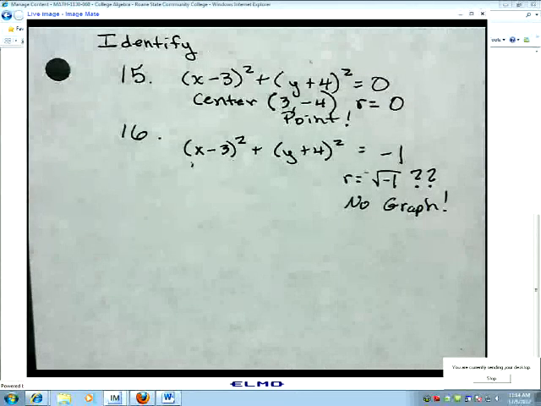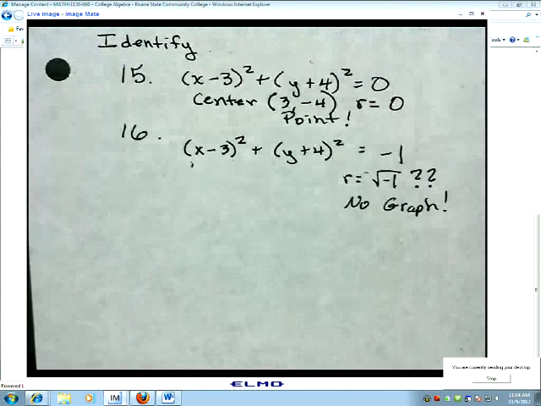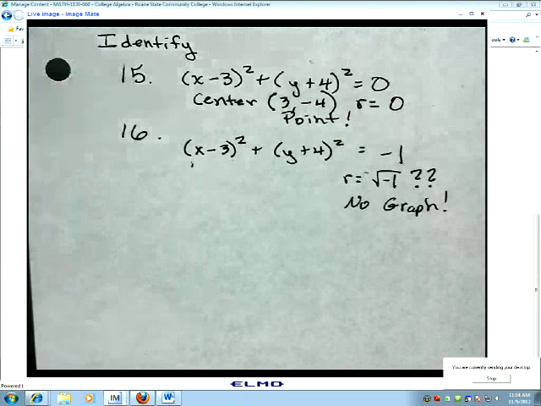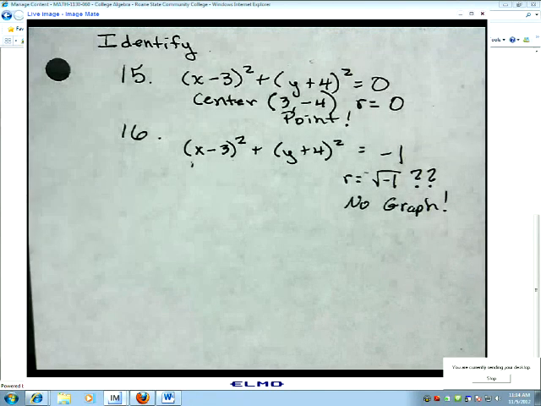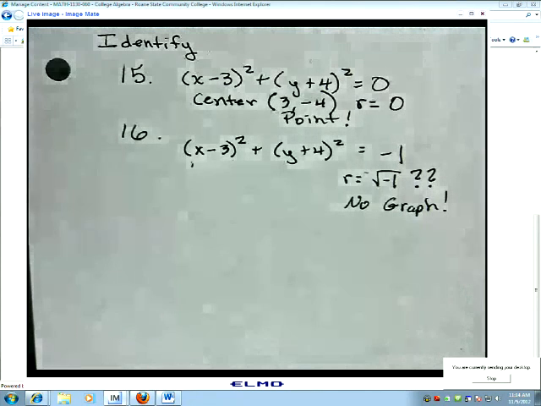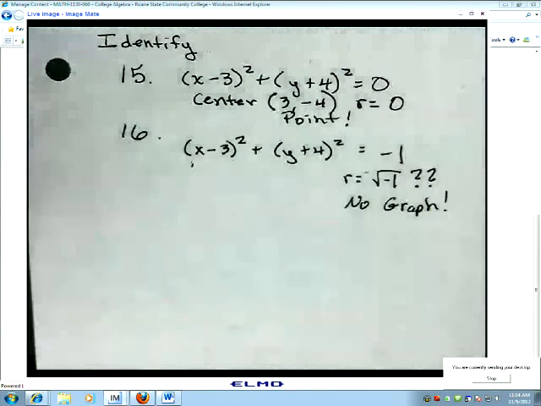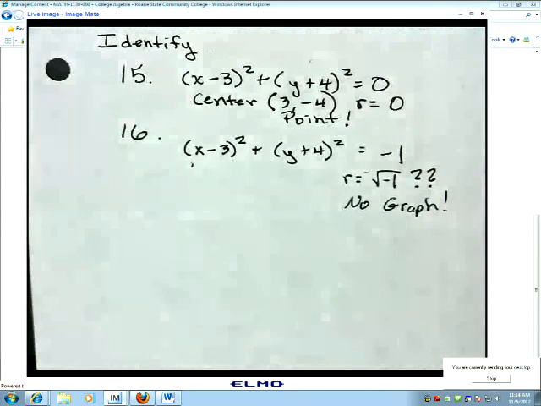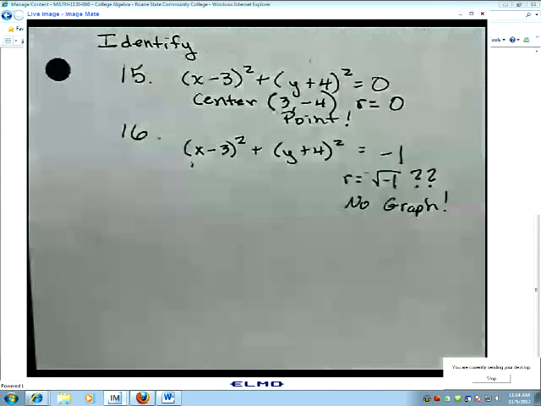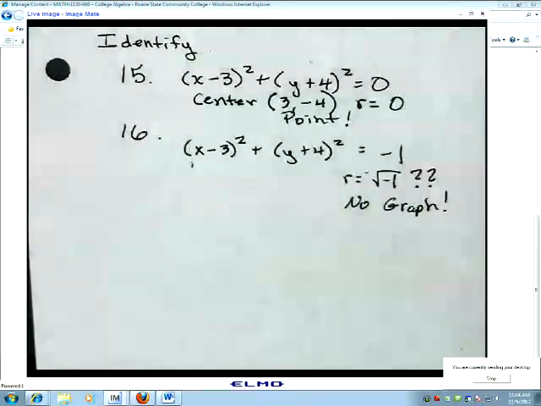Why wouldn't it be a hyperbola if I divided both sides by -1? Ooh, that's it. Good job. Both the x squared and the y squared would have negative coefficients. Hyperbolas only have one of the square terms having a negative coefficient.